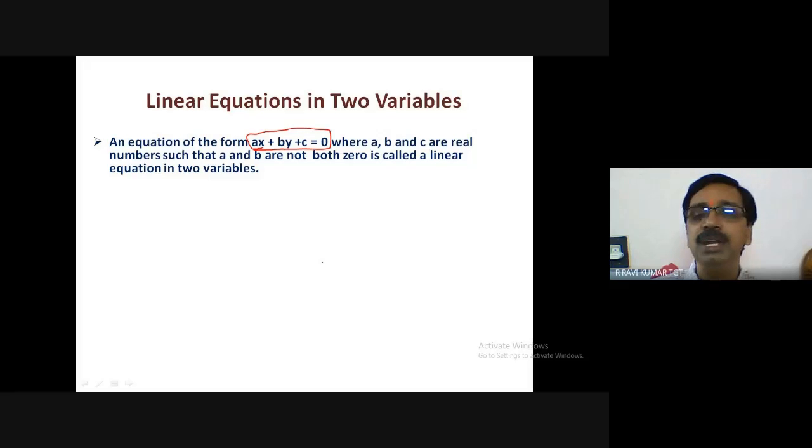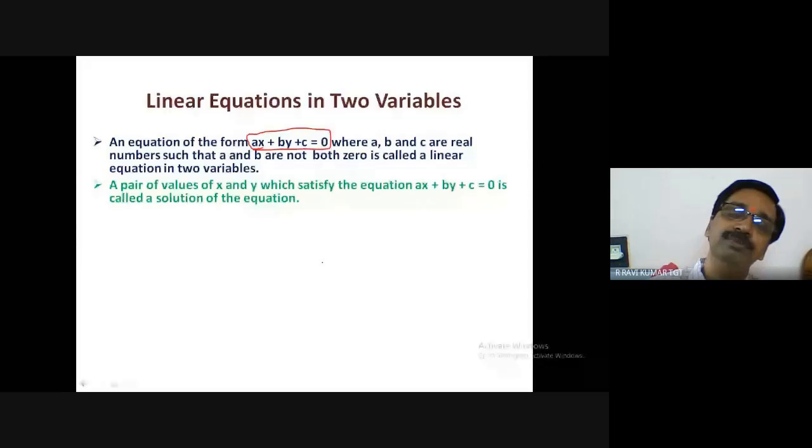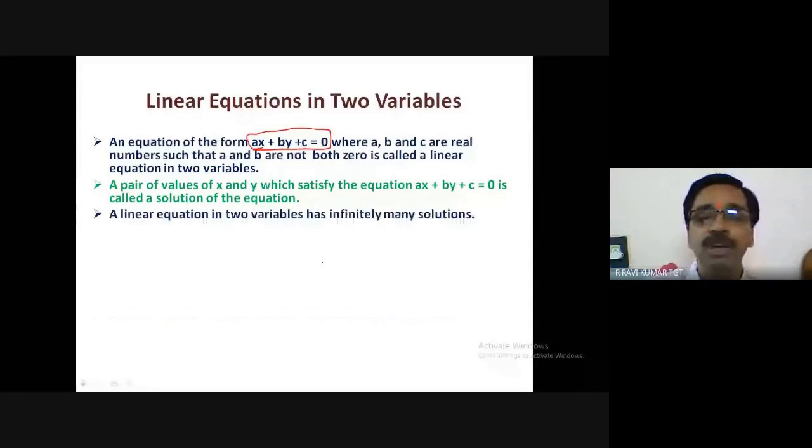Now, a pair of values of x and y which satisfy the equation ax plus by plus c equal to 0 is called a solution of the equation. A linear equation in two variables can have values for x and for y. Therefore, it has infinitely many solutions.